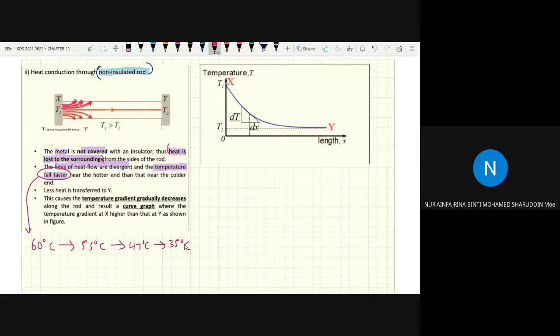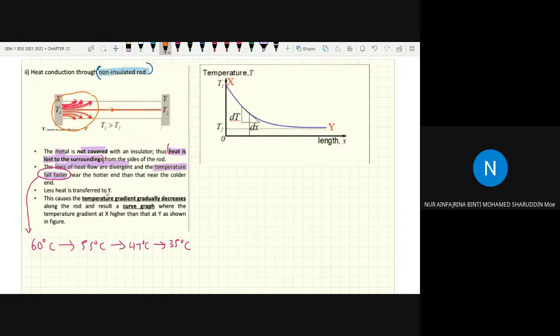That's what fall faster means, near the hotter end than that near the colder end. It means the temperature drop near the hotter end is faster compared to the cooler end.